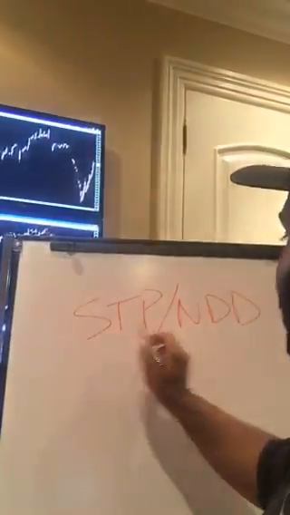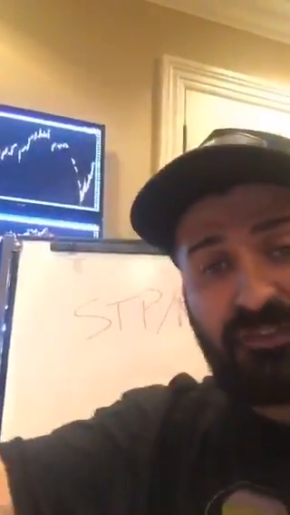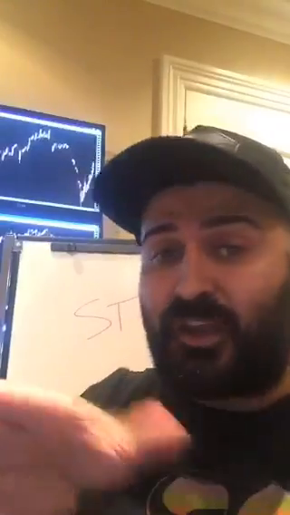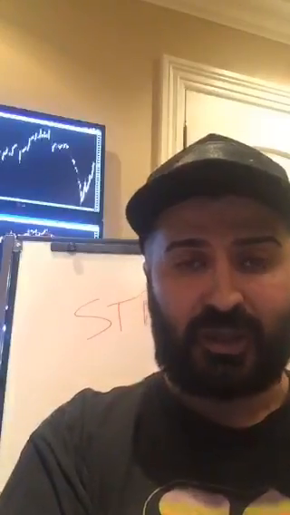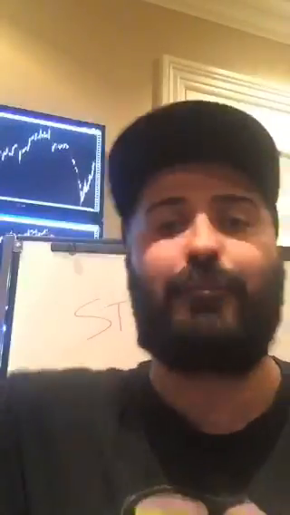So STP is good. NDD is good. That means straight through processing, exactly as it says. The trade is processed straight through. From the moment you click on trade, you make the trade, it goes from the broker to the LP to the prime bank, prime of prime.